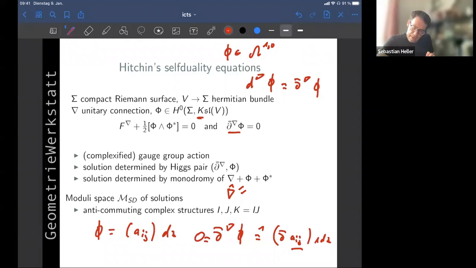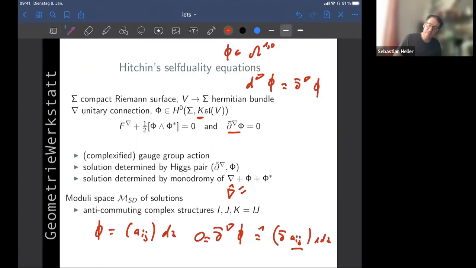So yeah, what you get in the end is this finite dimensional moduli space of solutions. Usually denoted by M_SD for self-duality equation, and it has different types of complex structures.